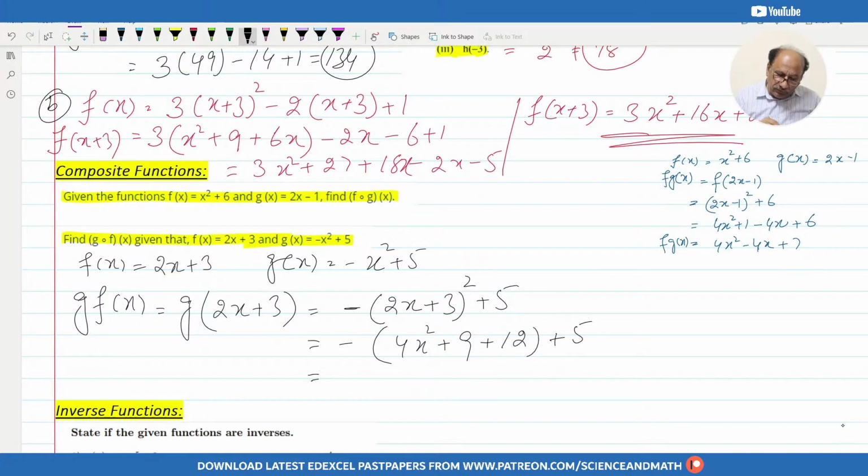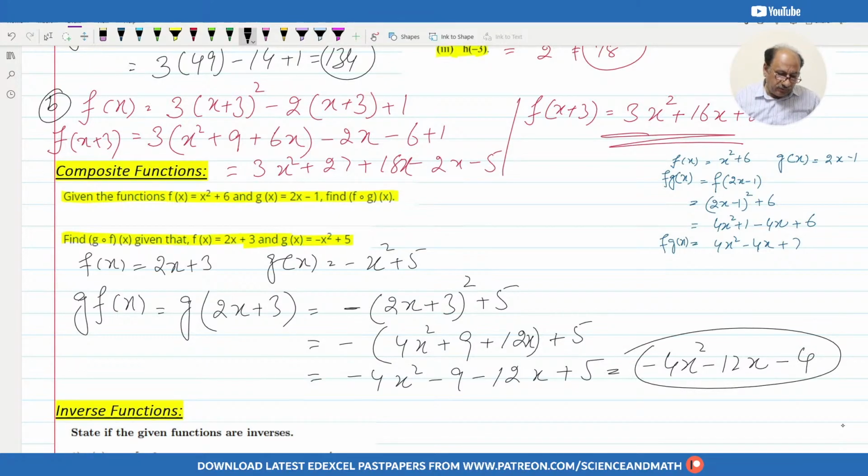Now we can open the bracket: minus 4x squared minus 9 minus 12x plus 5. Further we can rewrite it as minus 4x squared minus 12x, and minus 9 plus 5 is minus 4. So this will be the answer for g of f of x, which we have done.